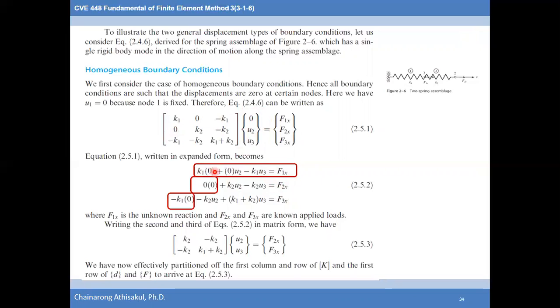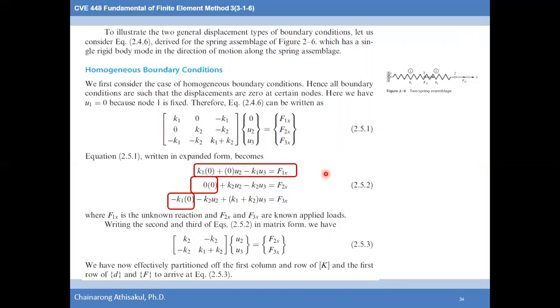For the first equation, we will not consider it right now because we already know u1, but F1 we don't know. We will find it after we know u2 and u3. So we cancel out this equation for now.